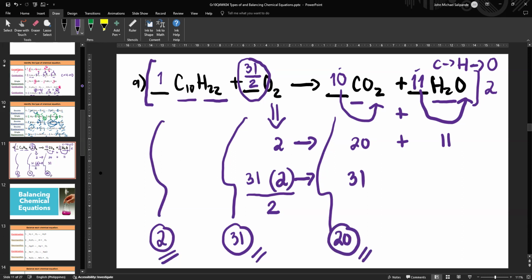And finally, for H2O, we have 11 times 2, we have 22. So, here are now the coefficients of the combustion equation. We have 2, 31, 20, and then 22 for water as well.